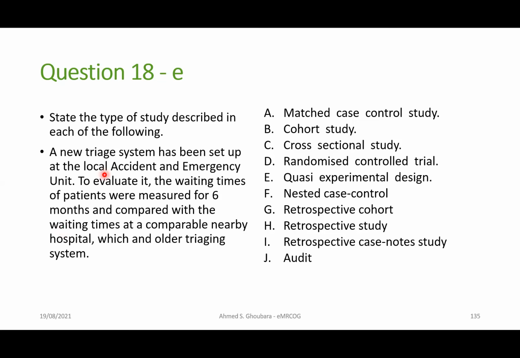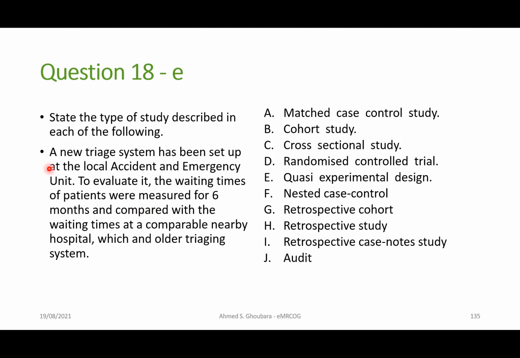Or, for example, any lady who came to the clinic with PMB should be investigated, treated and diagnosed within 2 weeks, the 2-week referral system in the UK. Is our hospital up to this standard or not? Do we have any delay of more than 2 weeks? This is called an audit, where we check whether we abide by the standards or not.